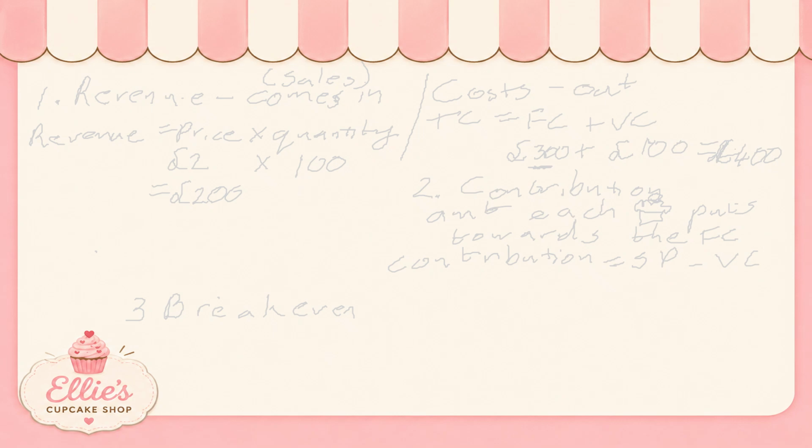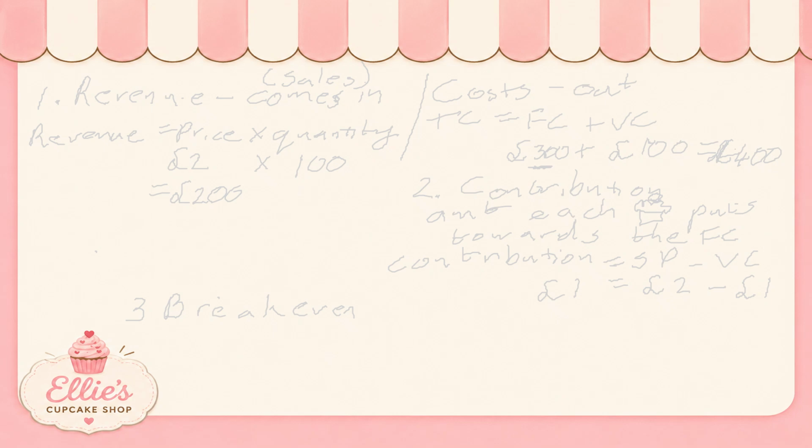So the selling price for each cupcake is £2, and her variable cost for each cupcake, what it costs to make one cupcake, is £1. So Ellie's contribution is £1. Okay, so every cupcake contributes £1 towards her rent.